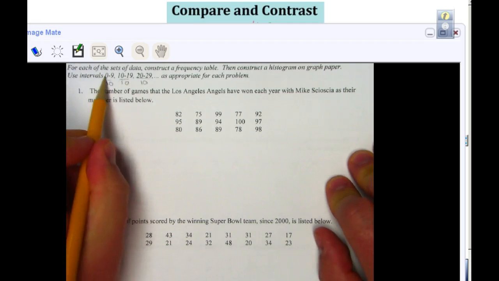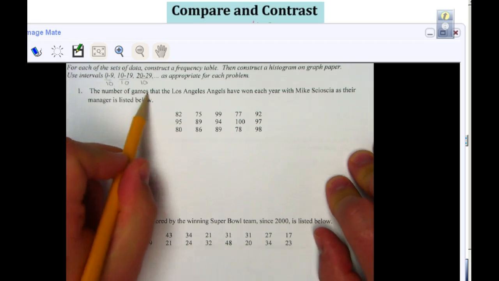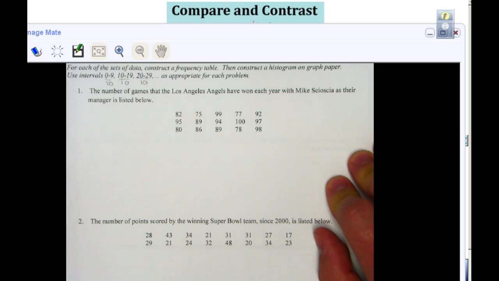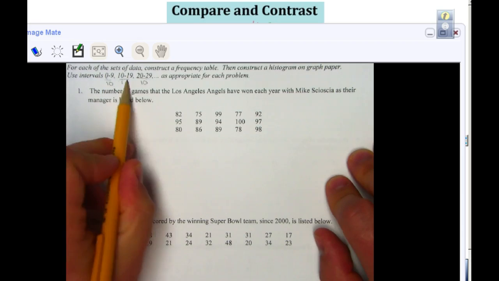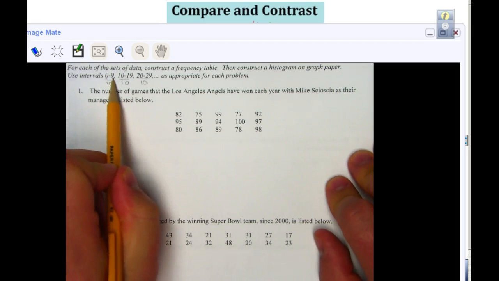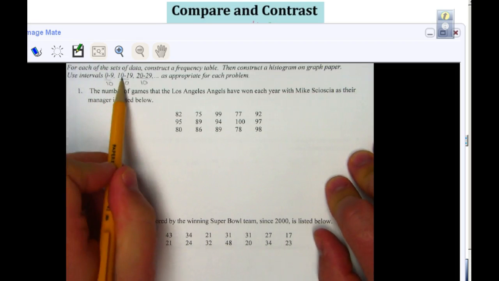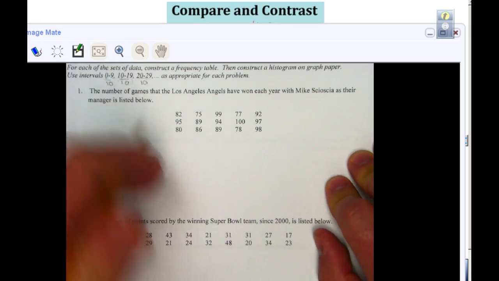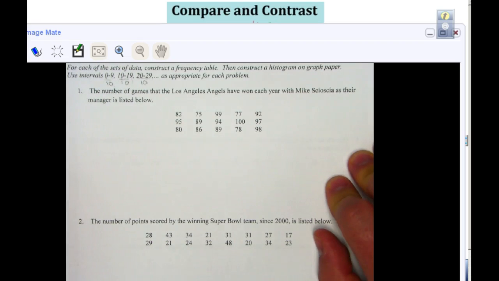So you couldn't say 0 to 5 and then 6 to 20, right? Equal amount. It's okay to have a category that has 0 frequency. Okay, you have to stay in order. So you can't go from 0 to 9 and say, oh, there's nothing from 10 to 19 and leave it off. You would still put it there and just have nothing to record.